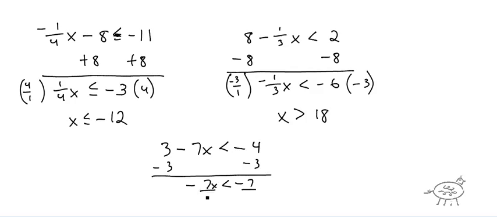Divide by -7. X is greater than 1. That's your answer. So these are basic inequality problems, and again, the only difference is you have to make sure you're graphing them, and when you divide or multiply by a negative, you switch the inequality sign around.